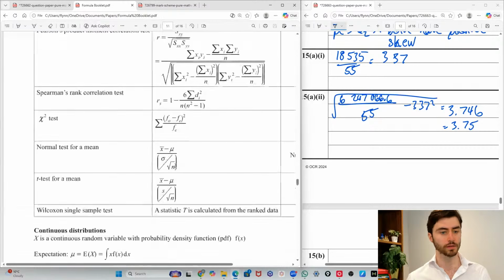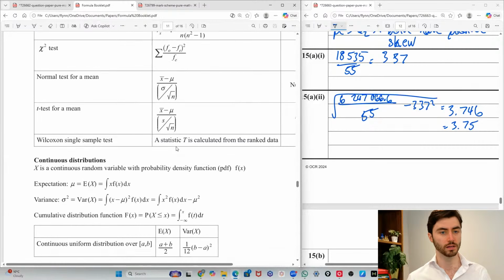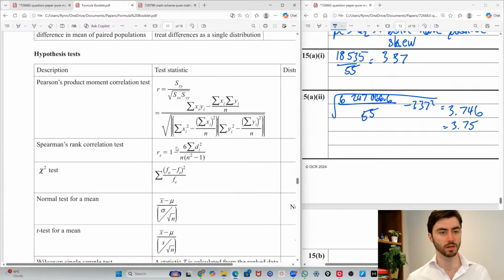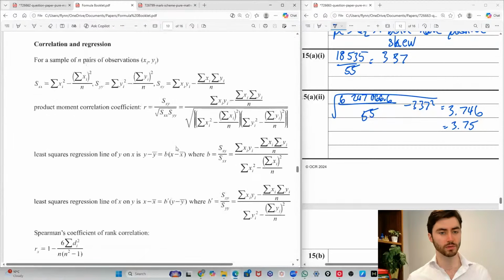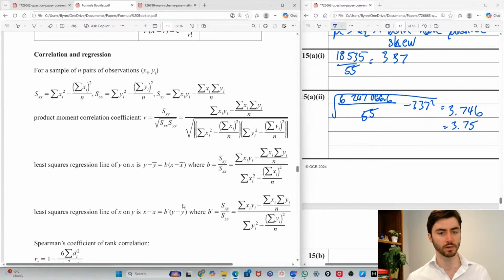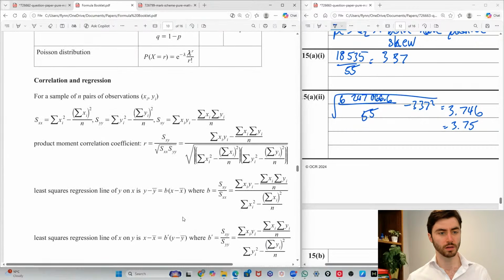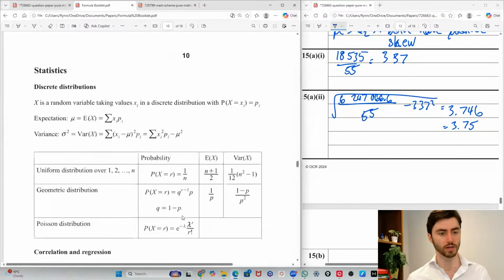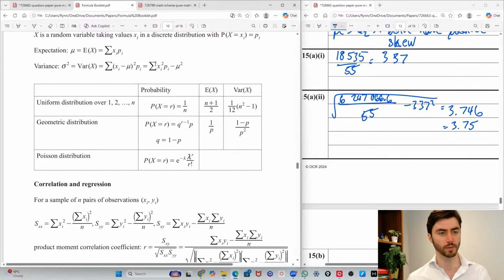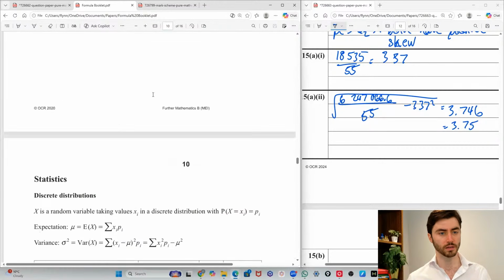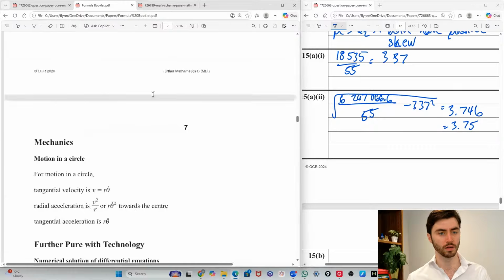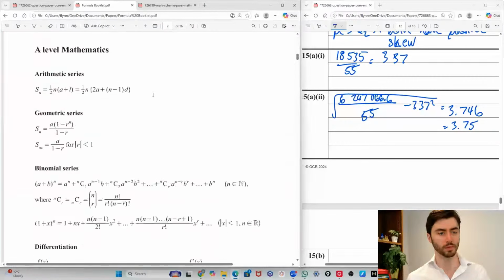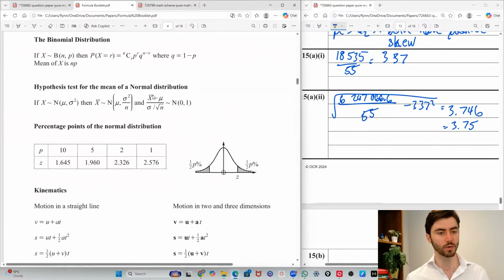So stats, continuous distributions, hypothesis tests, confidence intervals. Here we go. That's correlation regression, expectation variance. Hold on, let me scroll up. They always have a formula for this.